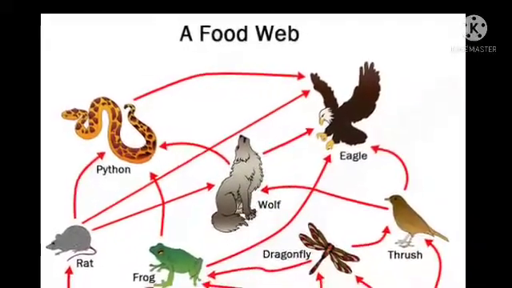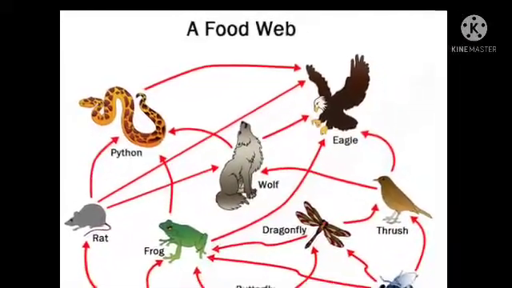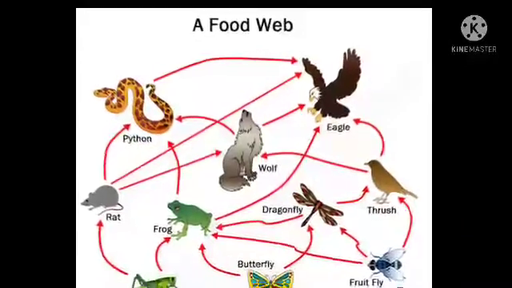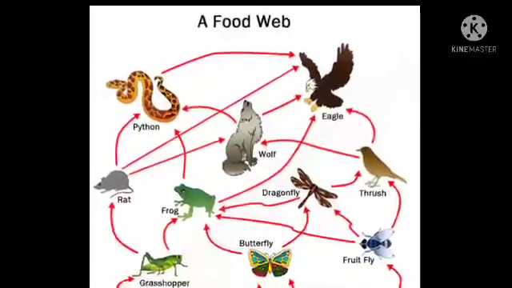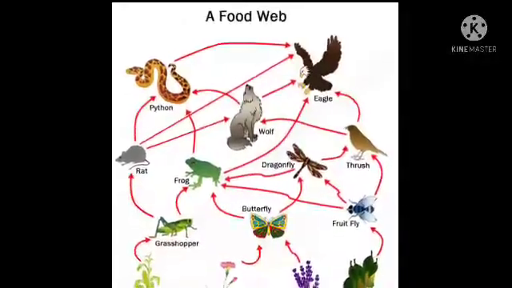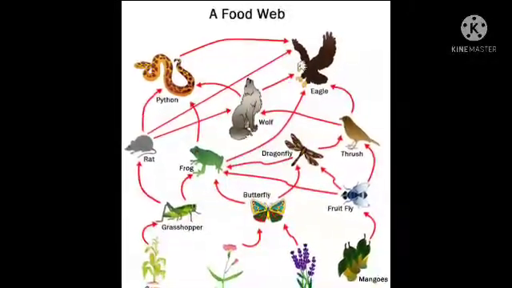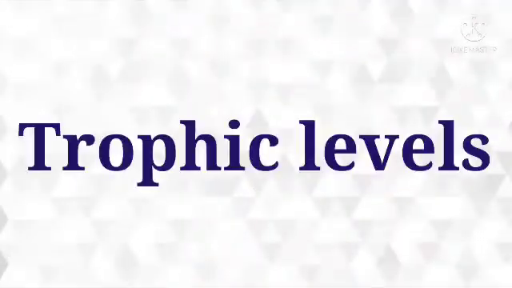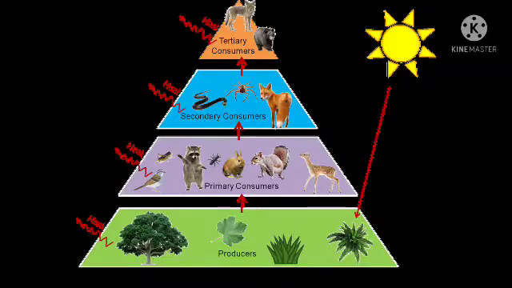Food web. Food web is a group of several interconnected food chains. In a food web, an organism gets food from more than one group of organisms. Trophic levels. Each step in a food chain where transfer of food energy takes place is called trophic level.